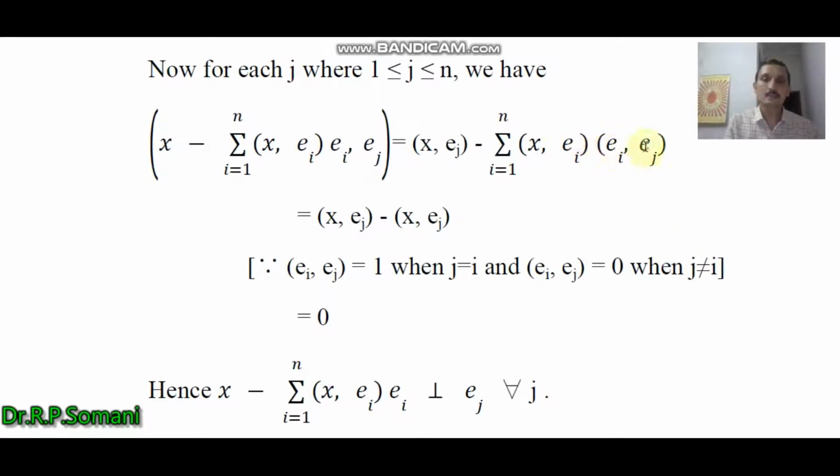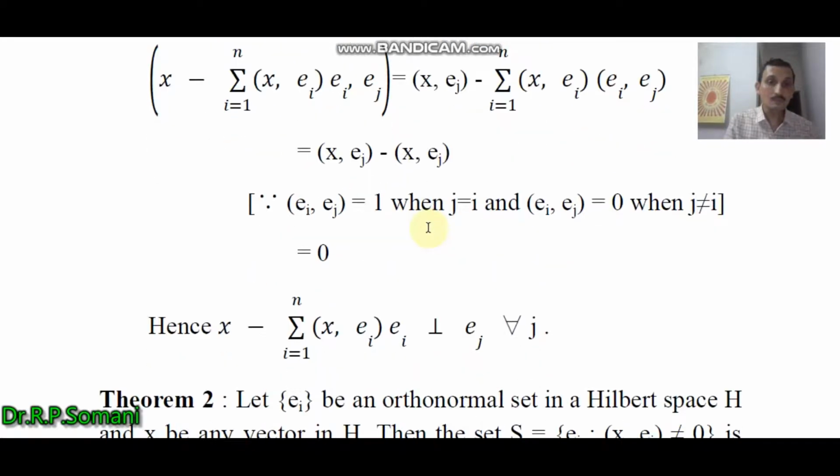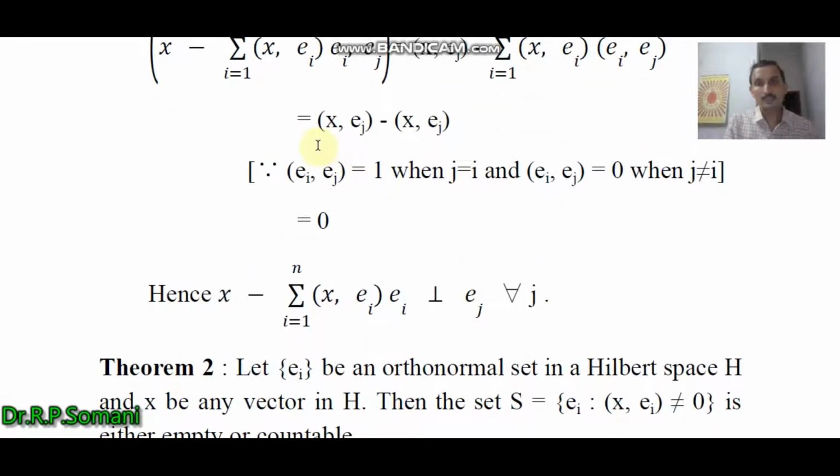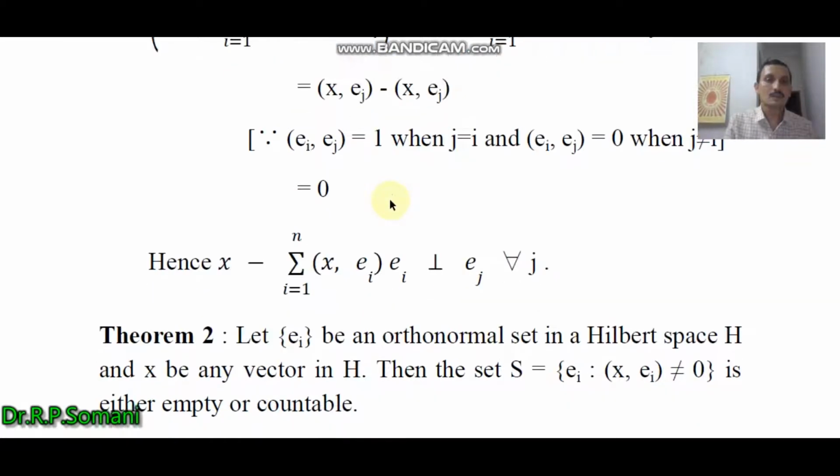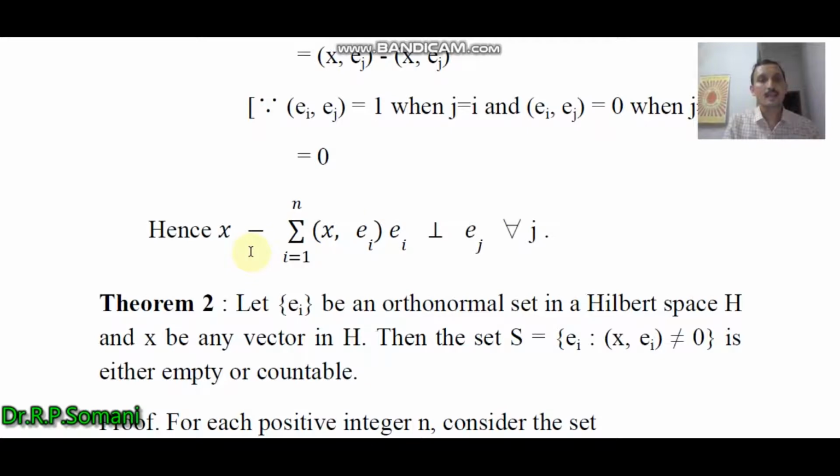Then this will give us the Kronecker delta for (x, ej). So this inner product (x, ej) minus (x, ej) becomes 0. Therefore, we obtain that x minus summation, i varying from 1 to n, of (x, ei) ei is orthogonal to each ej for all j varying from 1 to n. So in this way we have proved Bessel's inequality and its result.